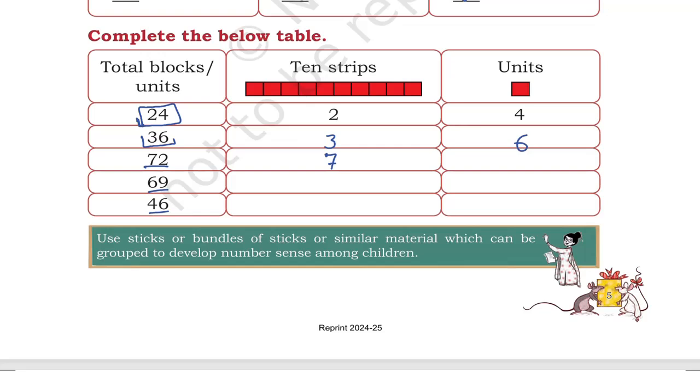So 7 strips will have 70 units and there will be 2 loose units available. Similarly, in 69, there will be 6 10 strips and 9 loose units. 46, give me the answer quick. It's going to be 4 10 strips and 6 units. Wonderful. You're making great progress. Let us move forward.